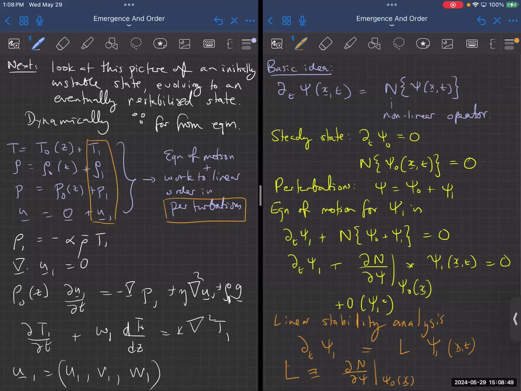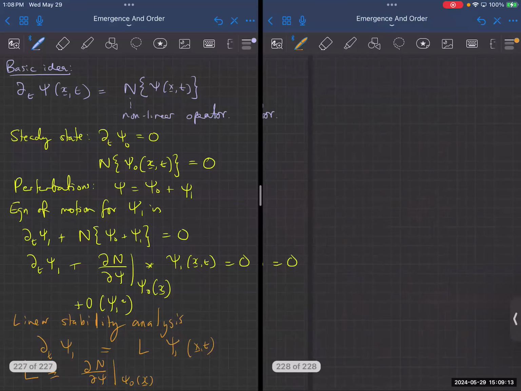And in general, psi naught of x may be a spatially dependent function. This may not just be a simple derivative operator. If I'm linearizing about a state that has a pattern, then that operator will be a very complicated differential operator. Okay, so that's the setup.